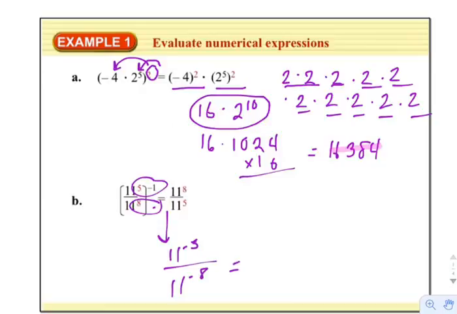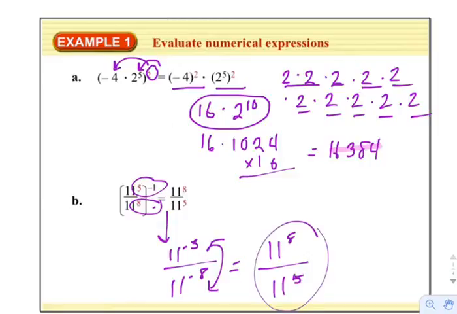When I have negative exponents, I want to switch their position in the fraction to make them positive. So 11 to the 8th over 11 to the 5th is what I get for an answer. I can move even further here and say 11 to the 8th over 11 to the 5th is really just 11 to the 3rd. And I can go ahead and solve that if I wanted, or I could leave it just like that.